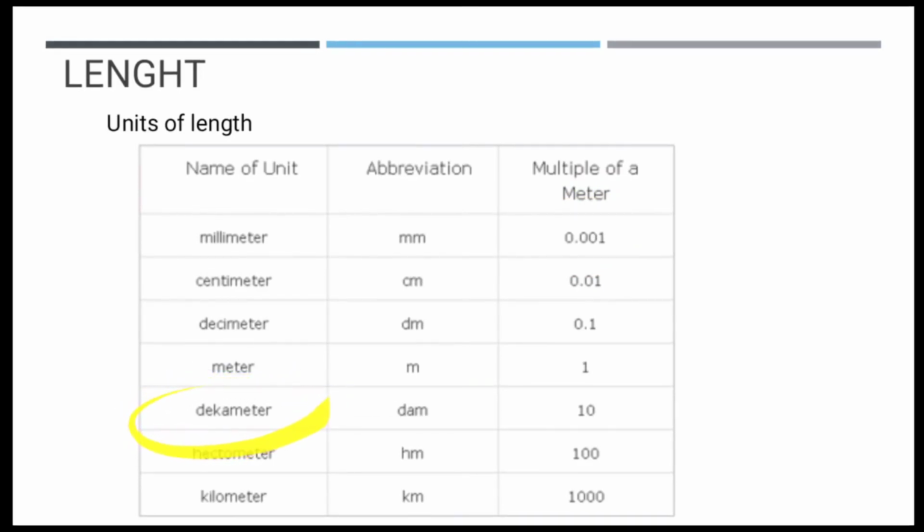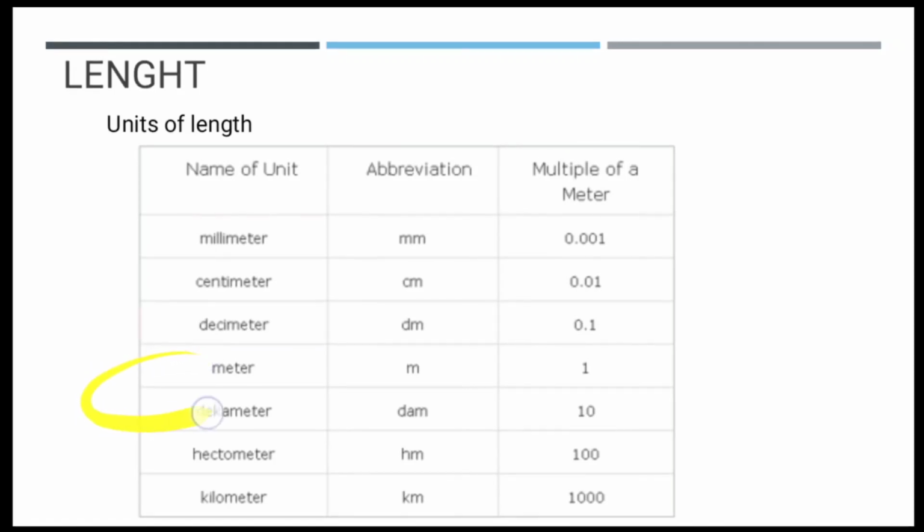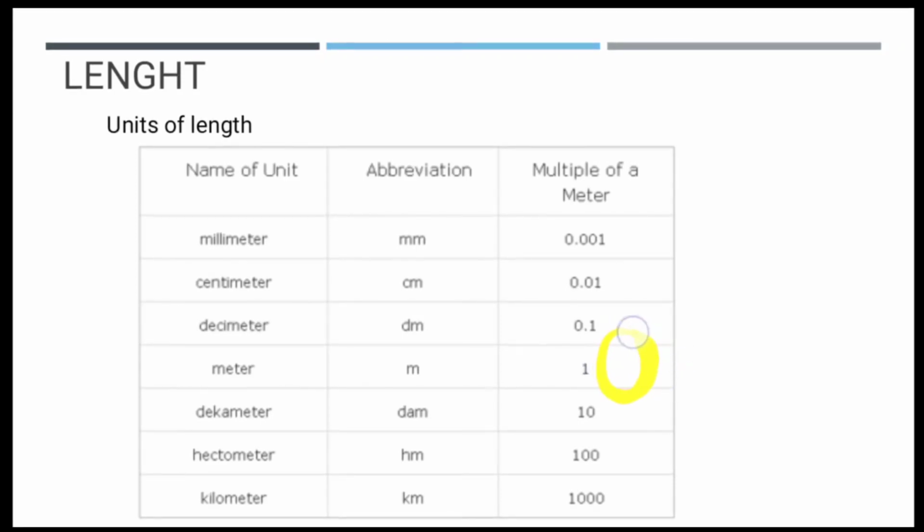Then, let's have decameter. As you can see, decameter is greater than meter. Deca means 10. So from here, we will move 1 to the right. Therefore, we have 1 0, and that is 10. Deca means 10.